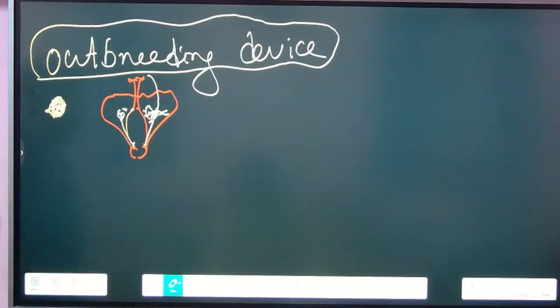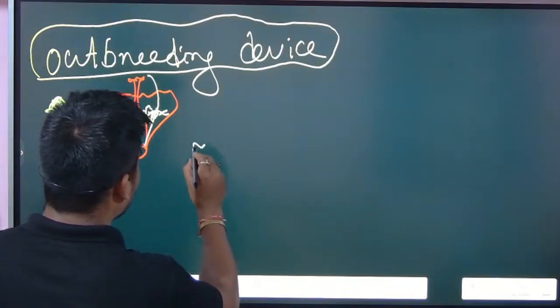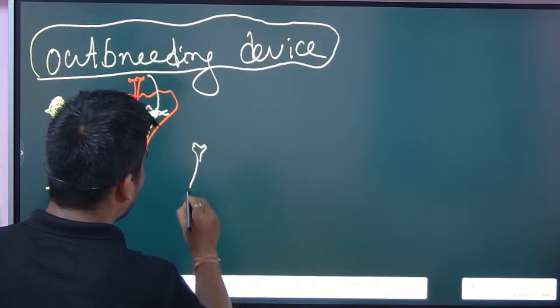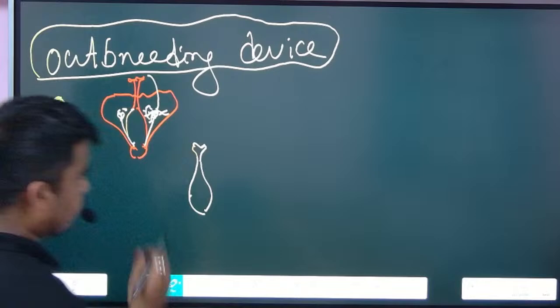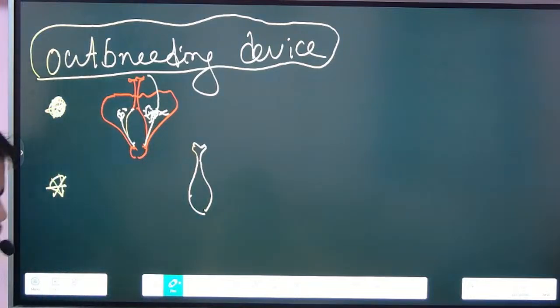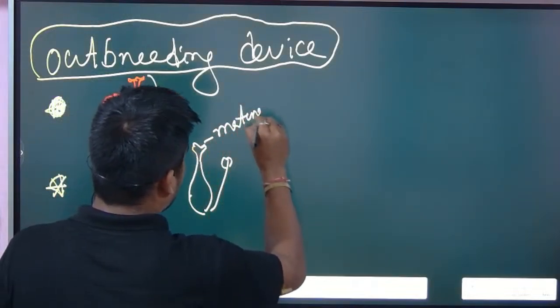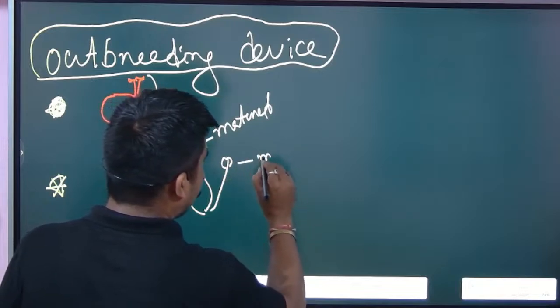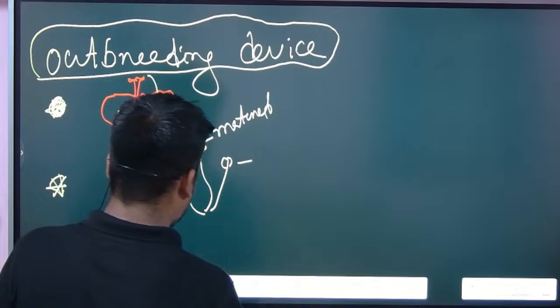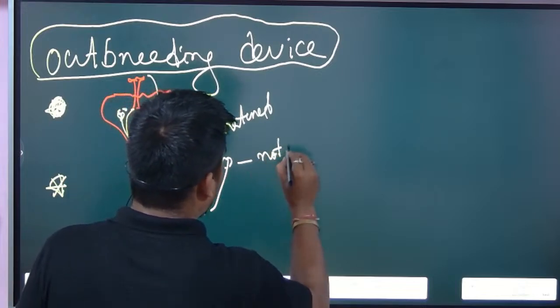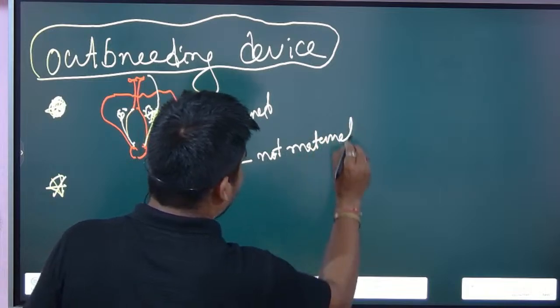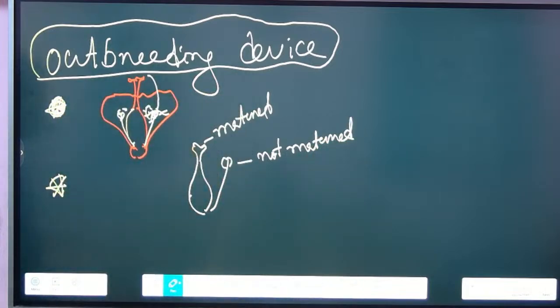Another outbreeding device: let's say the stigma is mature, but the anther is not matured enough. A flower lives maximum 1 to 2 days, and some flowers can live for 2 to 3 days.